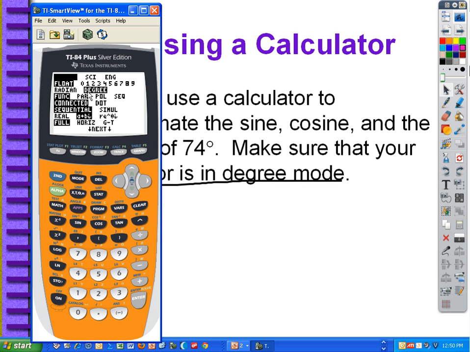Degrees. We're familiar with degrees. If we say a 60-degree angle, we all have a pretty good idea of what that looks like, right? So in order to use degrees, we have to make sure the calculator is set for degrees. Highlight degrees and hit quit. Then all we have to do, if I want to calculate the, what are we calculating?